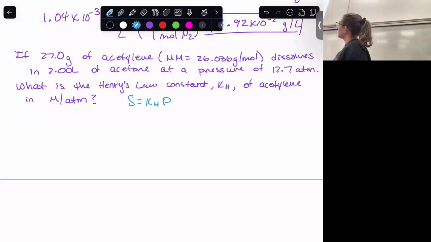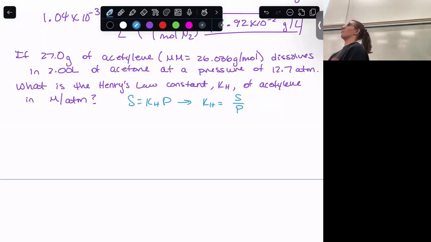We're solving for Kh. So Kh is equal to solubility over pressure. How does that help us? What do we do from here? We need to figure out our concentration.